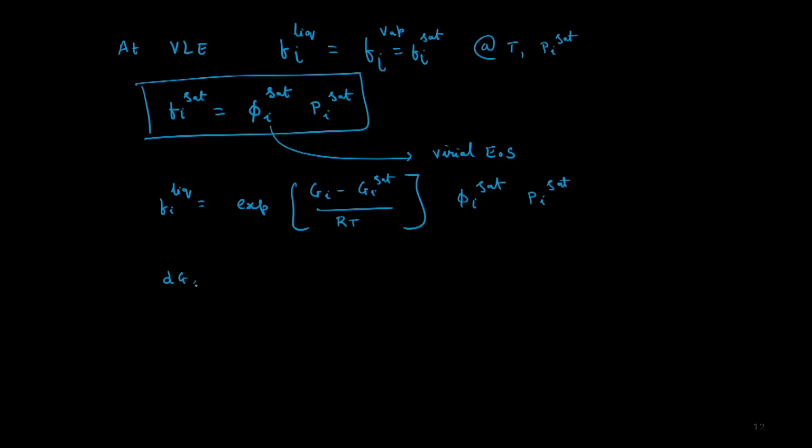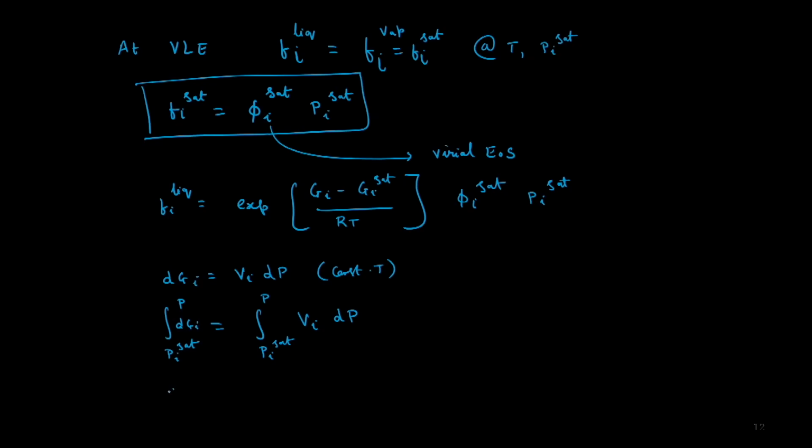Now let's see what I can do with this equation, Gi minus Gi sat. Recall that dGi is Vi dP as long as the temperature is constant. I can integrate this from Pi sat to P. This will be integral of Pi sat to P Vi dP. I'm integrating it over the liquid phase from the saturation condition to the pressure P of interest, right?